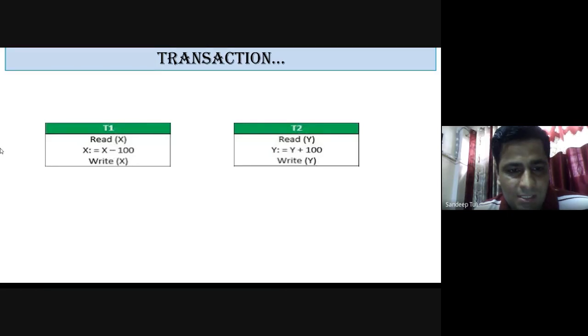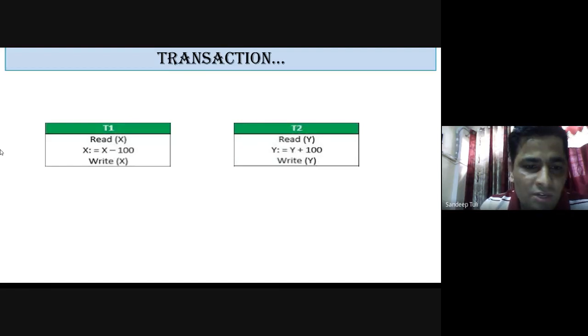Suppose you are trying to access a table, and you want to modify the value of attribute X and then modify the value of attribute Y, then something else. All of these can be considered transactions. One transaction could be the updating of the value of X, the second transaction could be the updating of the value of Y, and so on.